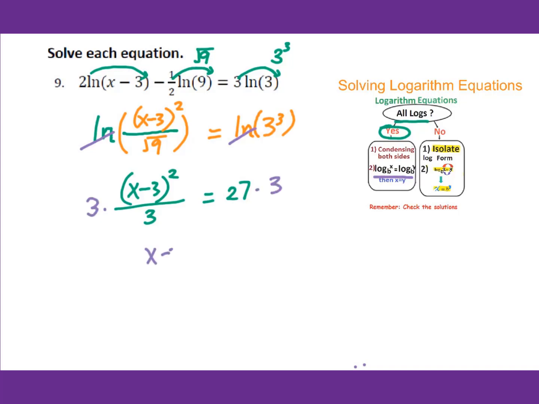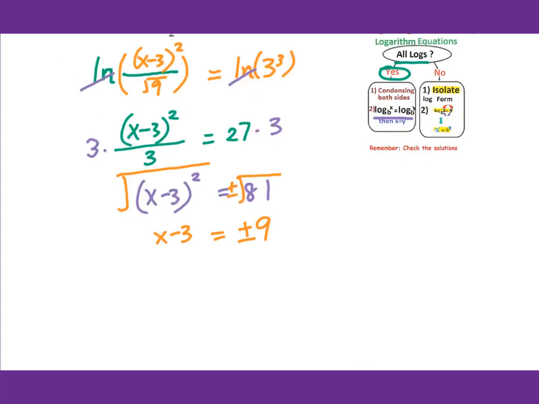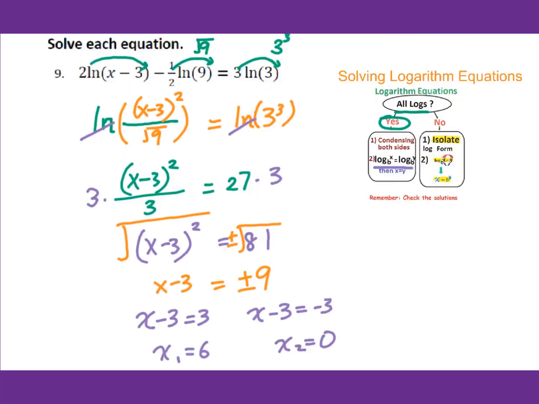You will get x minus 3 squared equals 81. Then take the square root on both sides. You will get x minus 3 equals plus or minus 9. So x minus 3 equals 9, or x minus 3 equals negative 9. You get x1 equals 12, x2 equals negative 6.